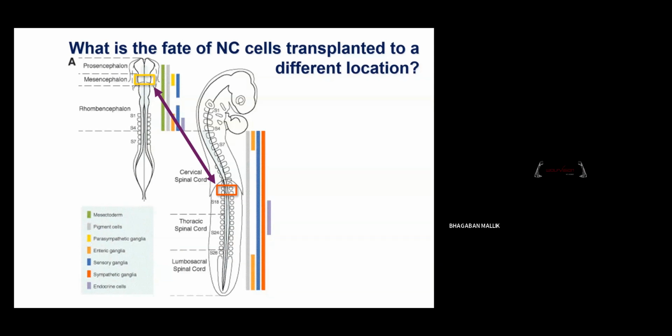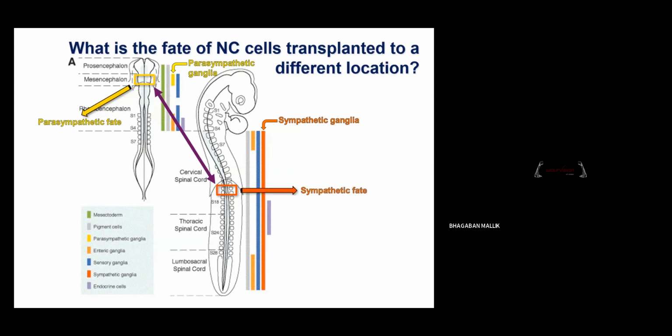They want to know whether it behaves with this fate or with this fate, if the transplant changes these cells to another position, how they behave. They did the experiment with two distinct neurons: parasympathetic neurons, which are present in the cranial neural crest region, mostly the mesencephalon region, and the sympathetic nervous system, basically present in the trunk neural crest region.